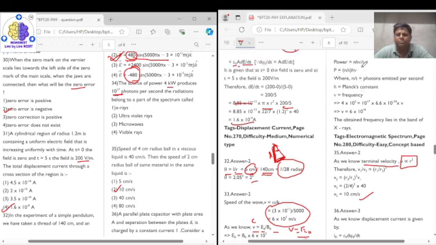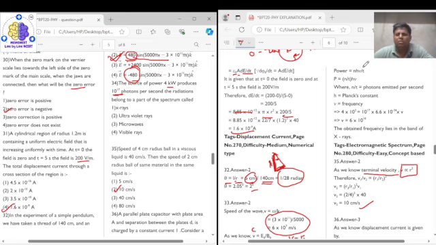So power is, h nu is the energy per photon. So if the number of photons is n, then n h nu will be the total energy, and when energy is divided by time, this will give you power. So from here we get power is equal to n h nu upon t, and n by t is being given, that is the rate of production of the particles is 10 to the power of 17. So here n upon t can be written as 10 to the power of 17. We know the value of Planck constant, and we have power as 4 kilowatt.